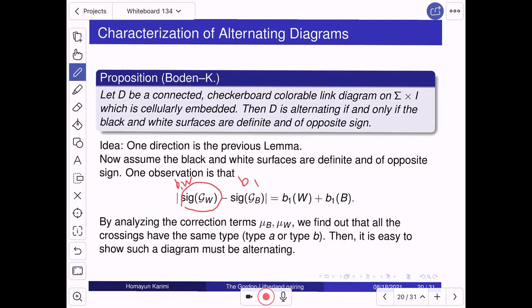And it's an easy exercise to see that when all the crossings have the same type, then the diagram should be alternating.